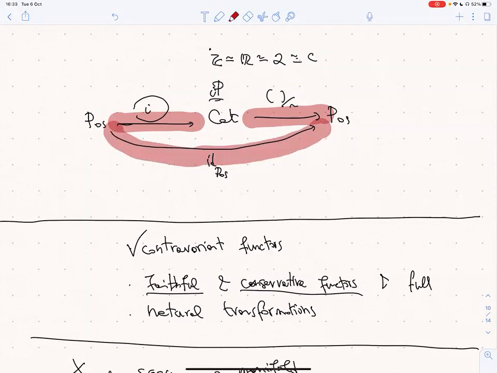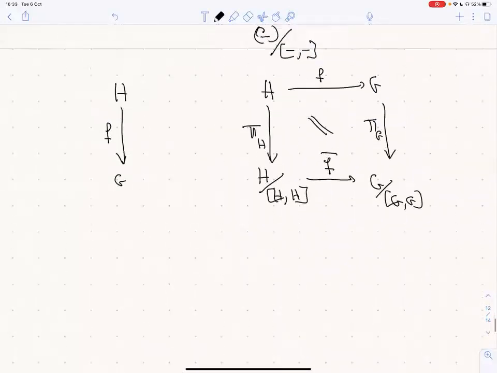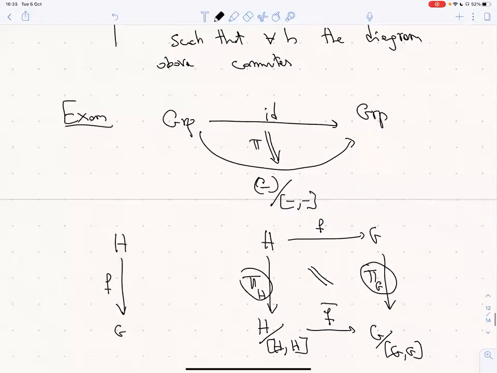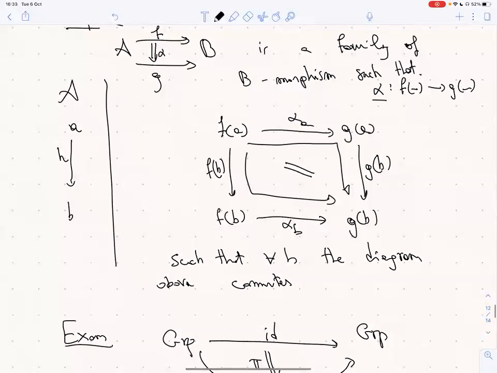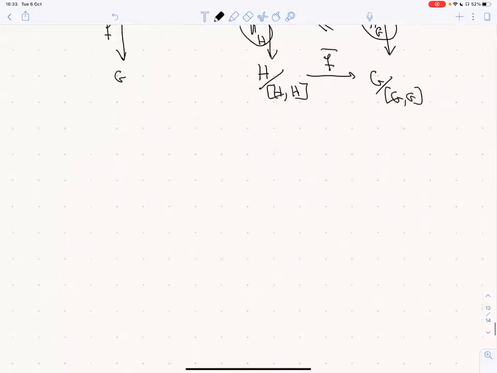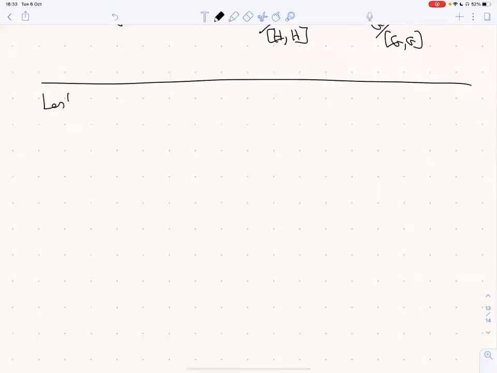And this natural transformation is pointwise an isomorphism, which means that each one of these maps, the alpha i's, are all isomorphisms. In that case, we say that the natural transformation is a natural isomorphism. So the last example of this lecture is very important.